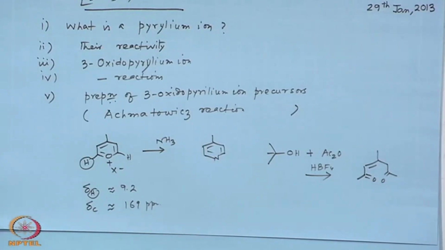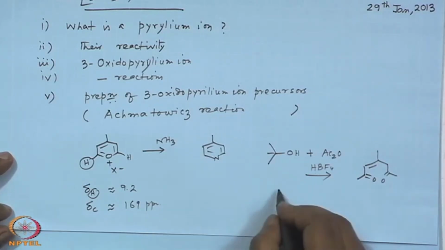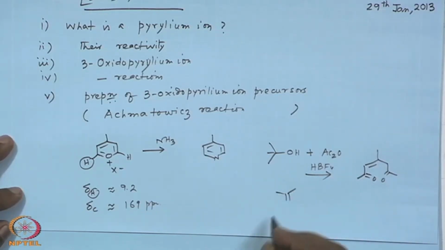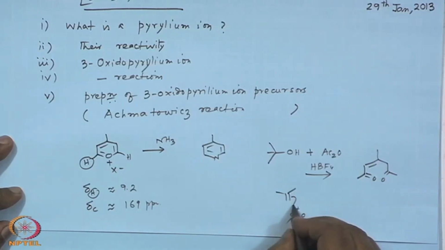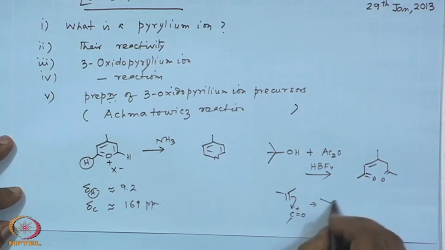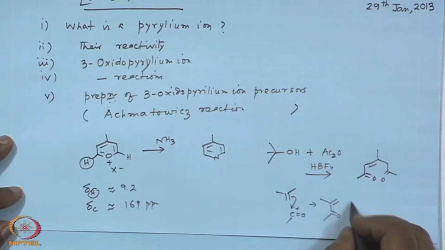This is basically electrophilic reactions of alkenes. That means the basic reaction would look like this: you have isobutylene and the acetyl cation. So, what you will get is a reaction of this kind, and then once again you can have one more.